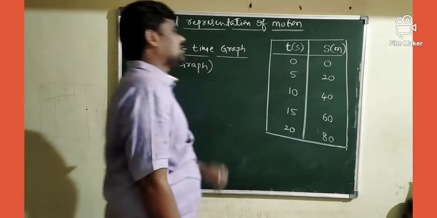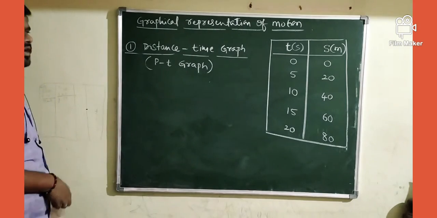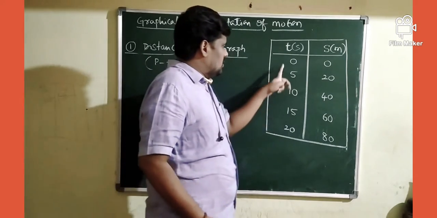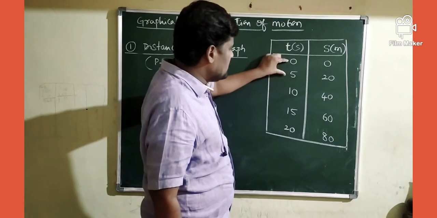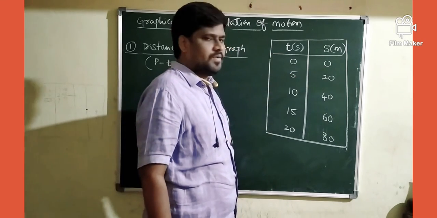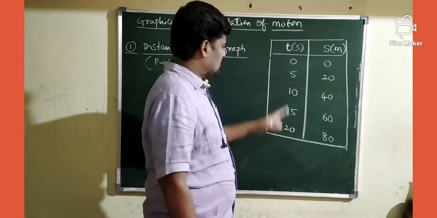Look at the distance travelled by the body in different intervals of time. From 0 to 5, the time is 5 seconds, and the distance travelled is 20.